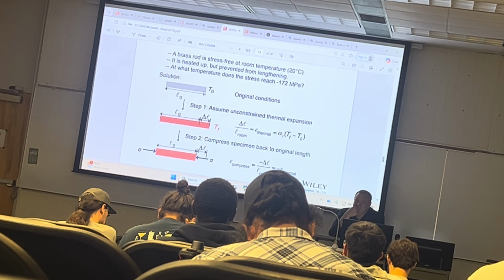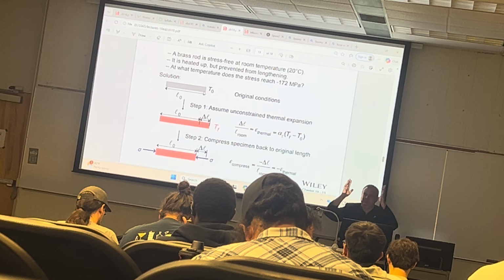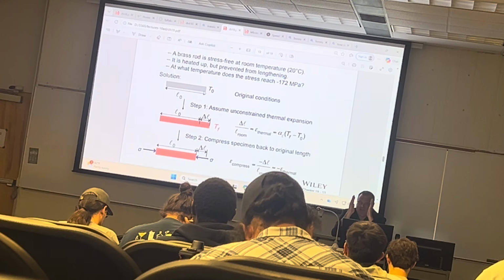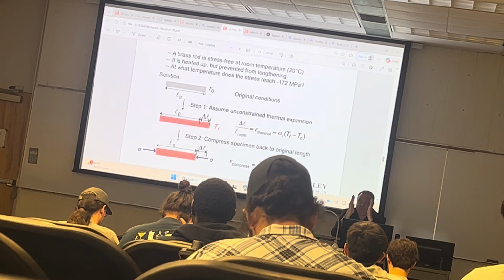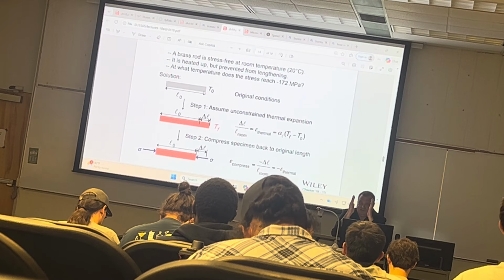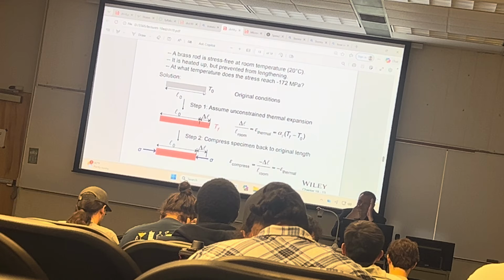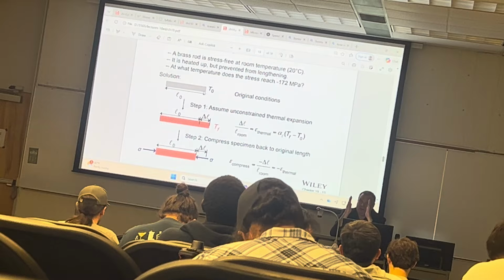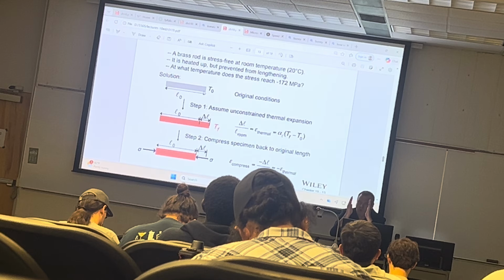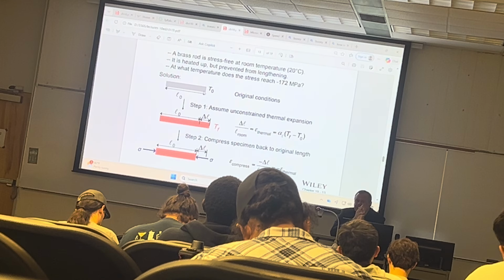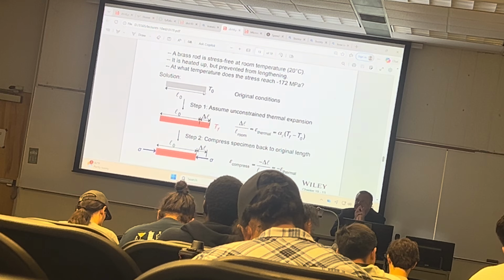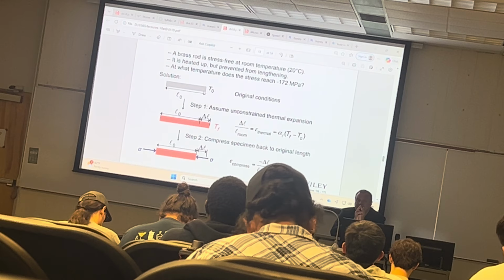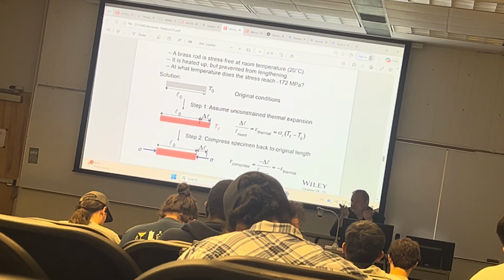Okay. So imagine this. There are two walls like this, and in between them there's a piece of metal, and you're heating it up, so it wants to expand, but you're preventing its expansion by very narrow and rigid walls. What's going to happen? What happens to the material that wants to expand but it's not allowed to?